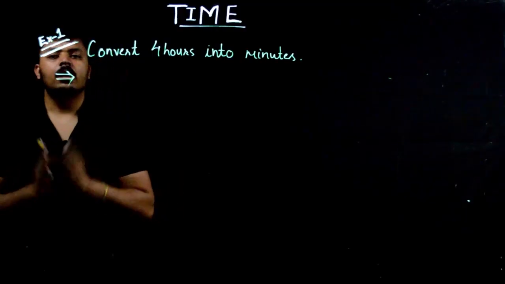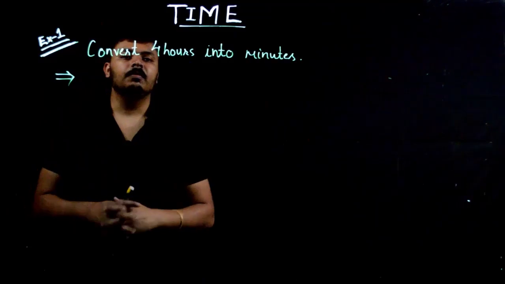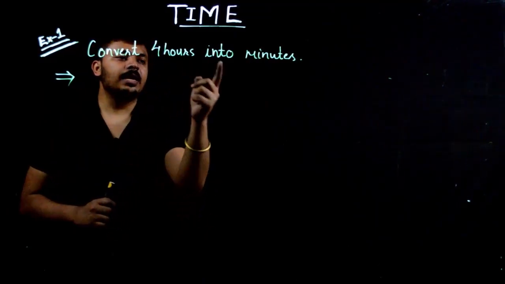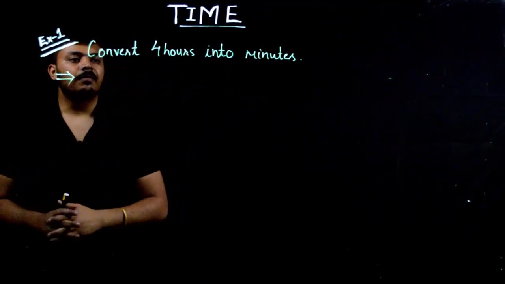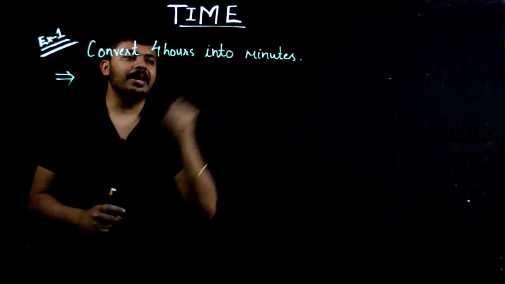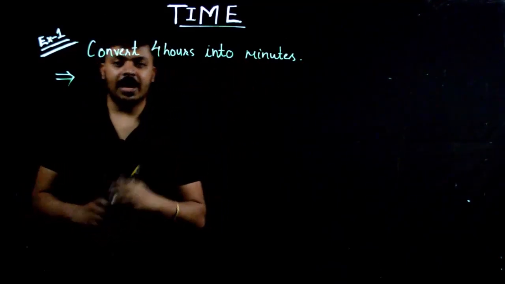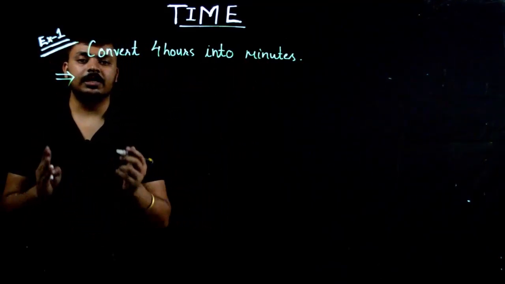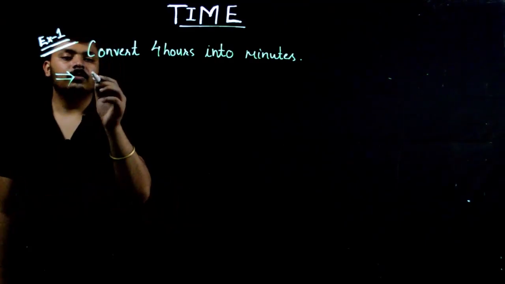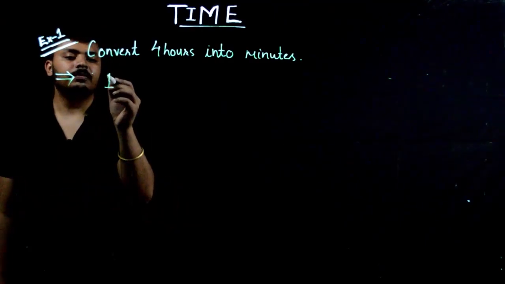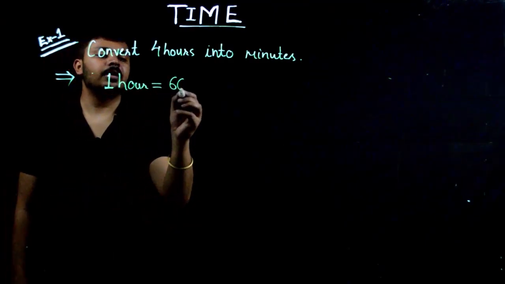So students, now let's look at example number 1. Convert 4 hours into minutes. So here we have to convert 4 hours completely into minutes. As we know, 1 hour is equal to 60 minutes.